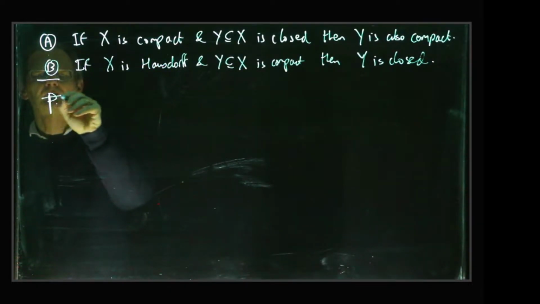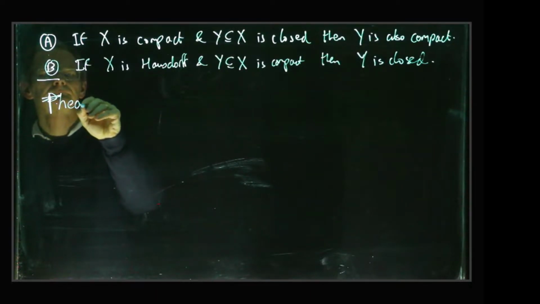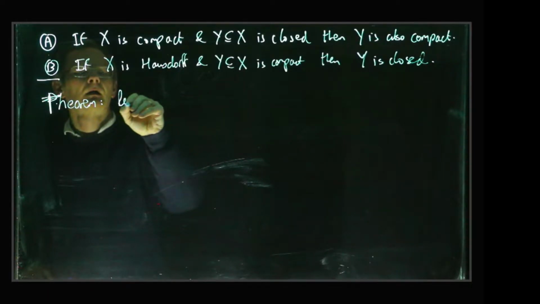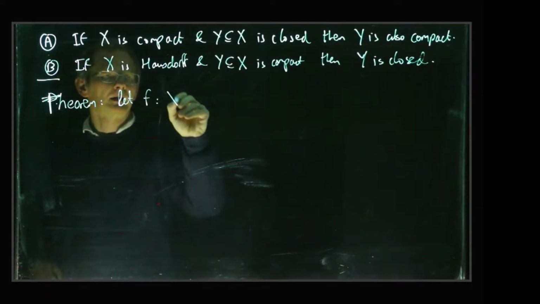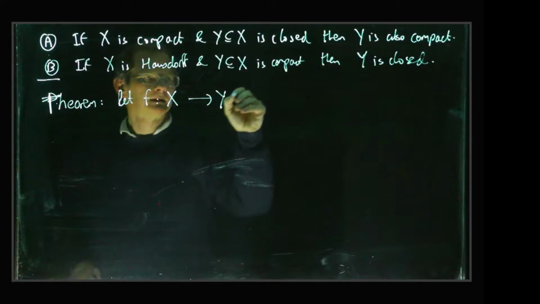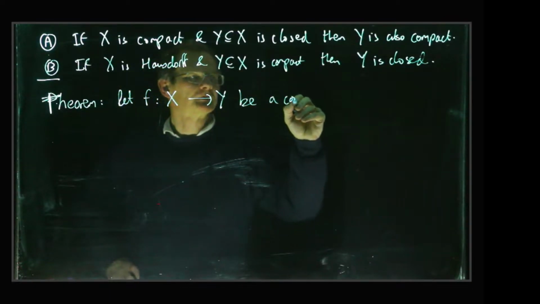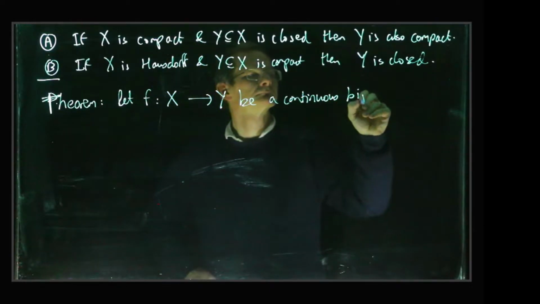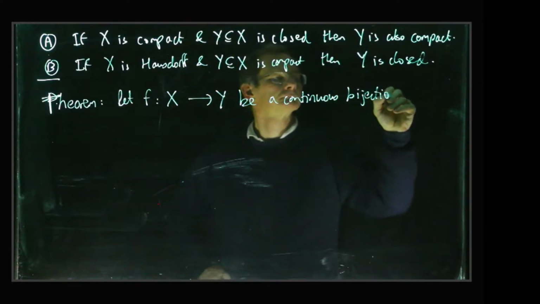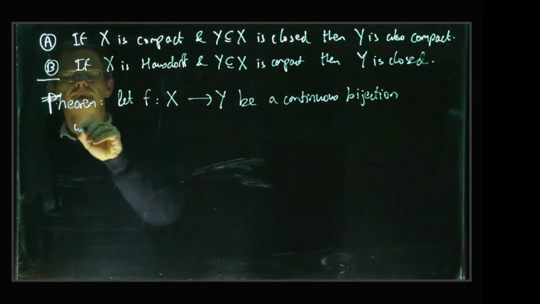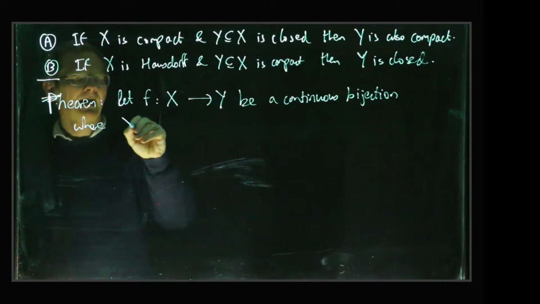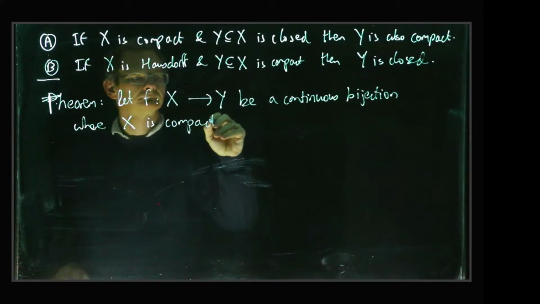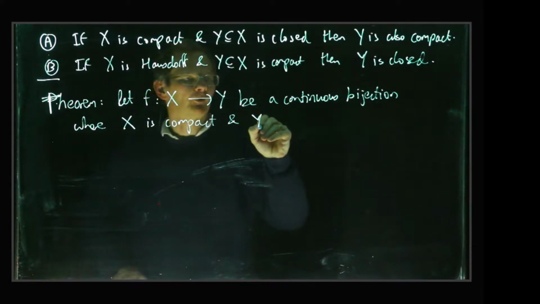So now we can have this theorem. Let f from X to Y be a continuous bijection where X is compact and Y is Hausdorff.